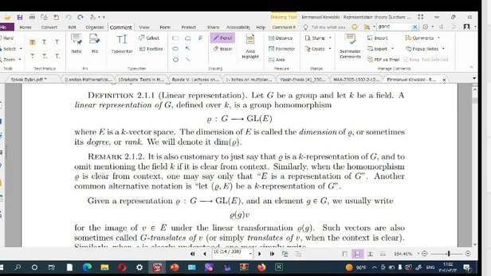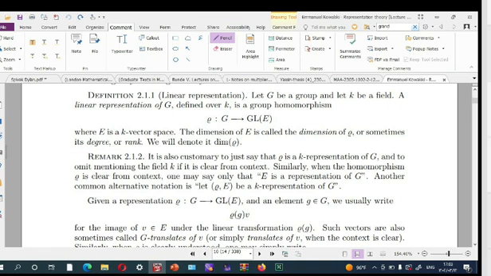A linear representation of G defined over K is a group homomorphism rho from G to GL of E, where E is a K vector space and this is the set of all linear and bijective functions from E to E, okay? And the dimension of E is called the dimension of rho.